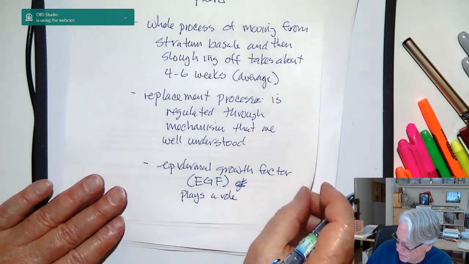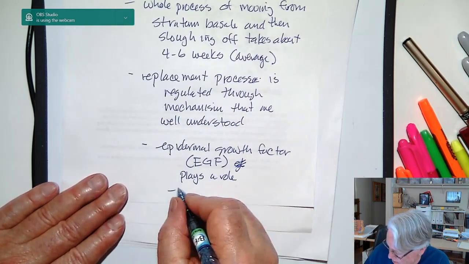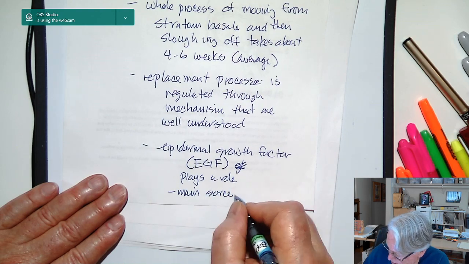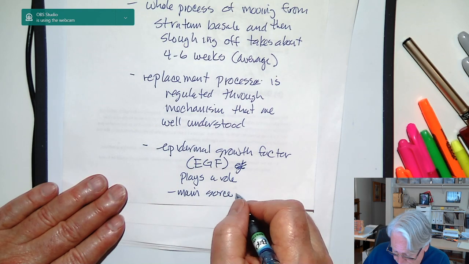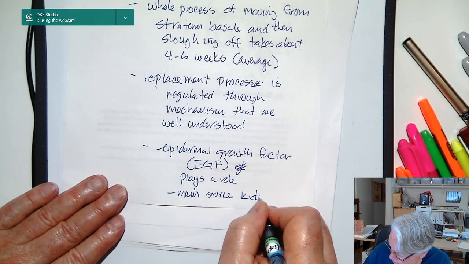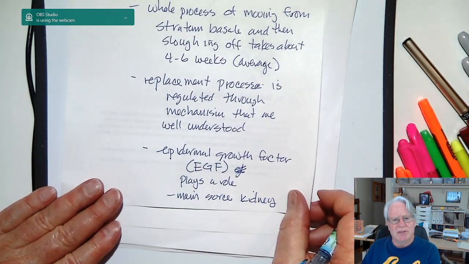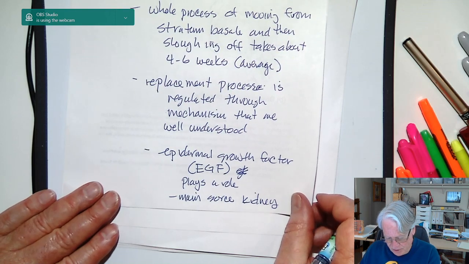The main source of this, as a matter of fact, is the kidneys. So the main source of epidermal growth factor is the kidney, which is kind of interesting.